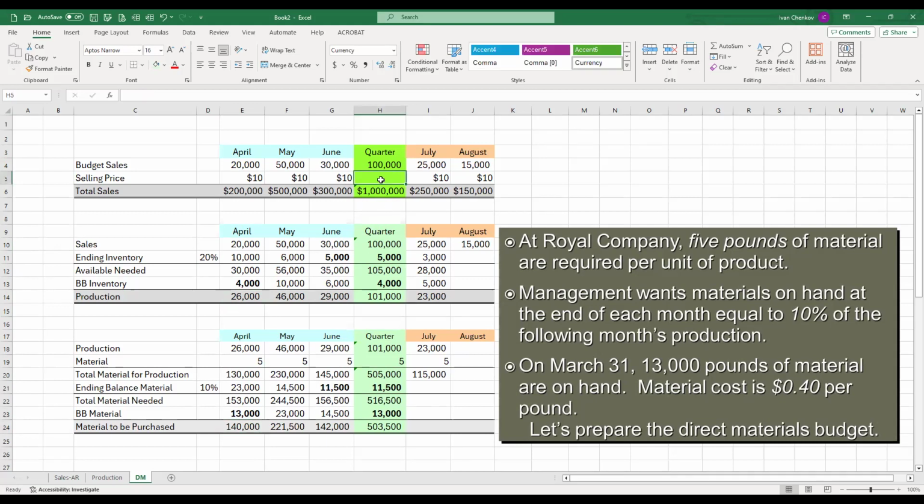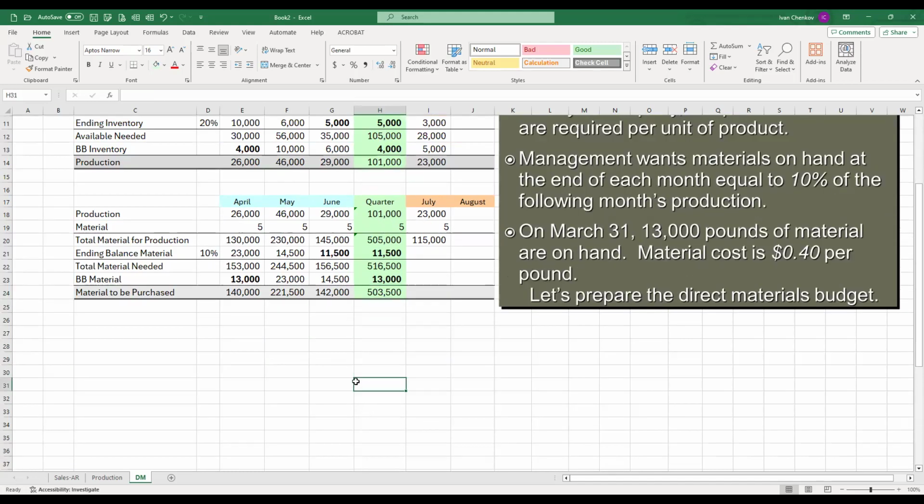In the first quarter, if we want to sell 100,000 units and achieve $1 million in sales, then we have to produce 101,000 products. But in order to produce those 101,000 products, we have to purchase 503,000 pounds of raw material. Make sense? Yes. Thank you.